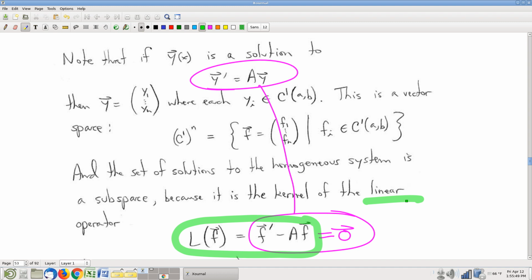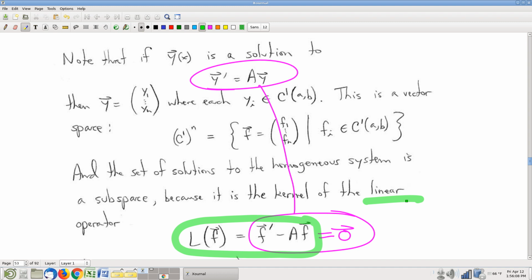So, yeah, we're looking for functions whose derivatives satisfy equations. Yeah, sure. But said differently, we are looking at a linear transformation on a vector space, and we want to find the kernel. Where is that linear transformation equal to 0?